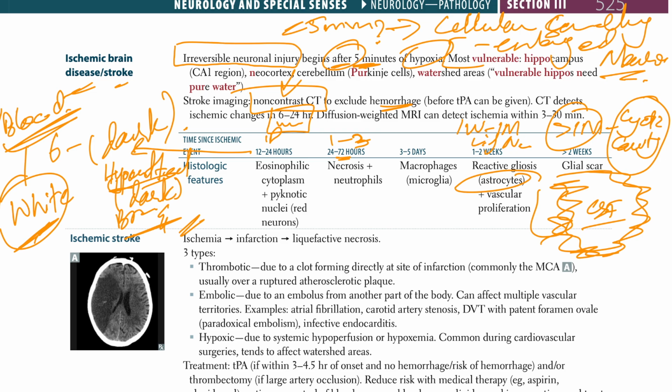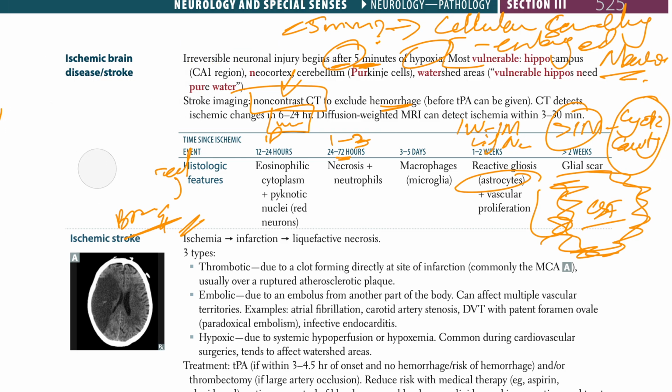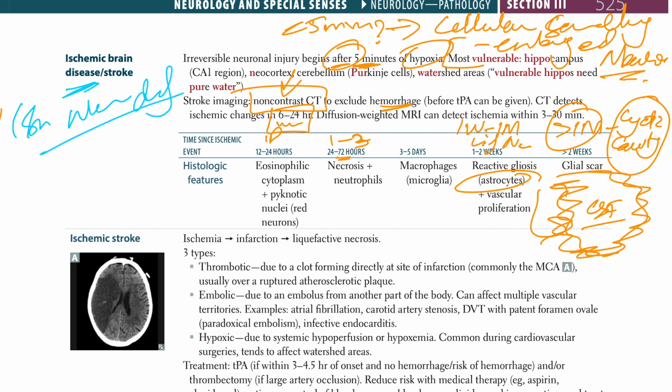Other than that, let's talk about some features of it. With ischemic stroke, what's going to happen? You have a sudden onset of neurological deficits. Why? Because of death of the brain tissue.